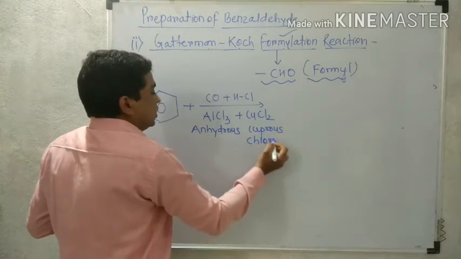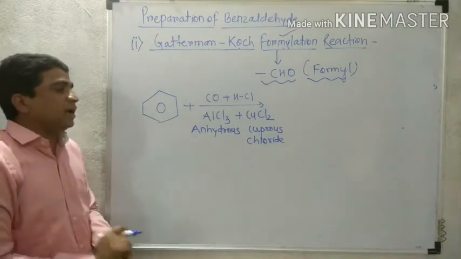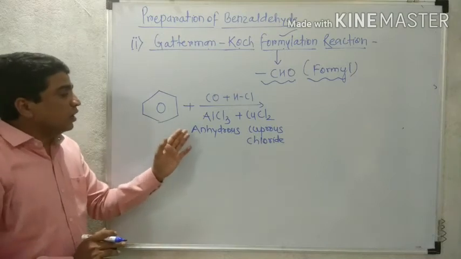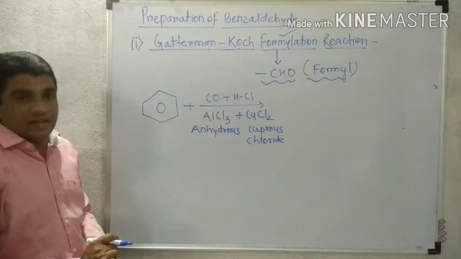Here are the two catalysts: one is anhydrous AlCl3 and another is cuprous chloride. The mixture of anhydrous aluminum chloride and cuprous chloride is taken as a catalyst in the reaction.